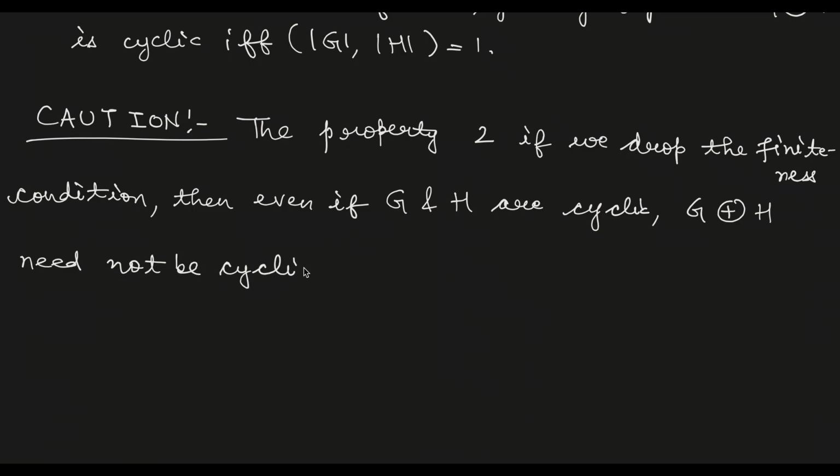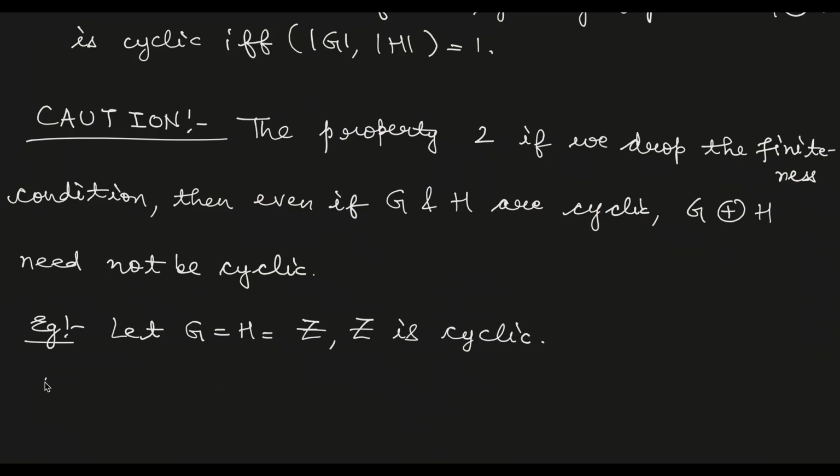So a counterexample for this: let G equal H equal the set of integers. We know that the set of integers is cyclic. Claim: Z direct sum Z is not cyclic.